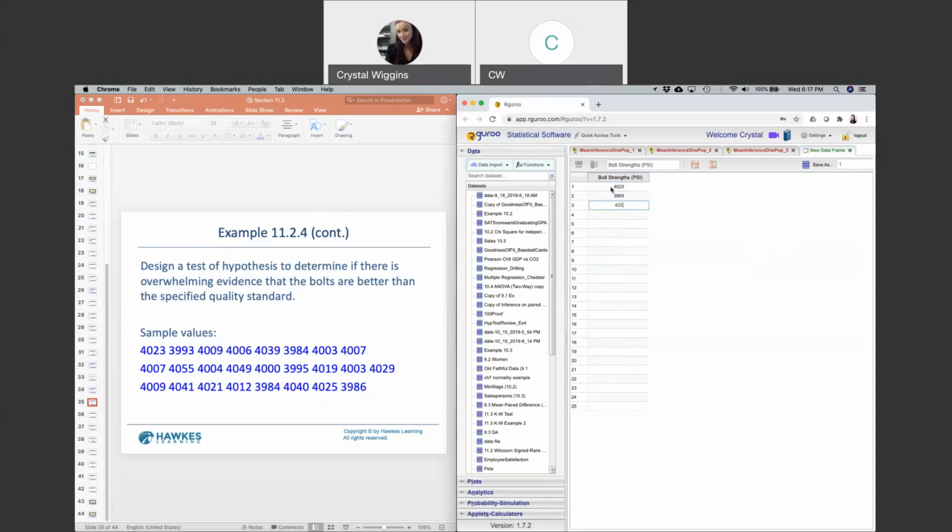3,993. And so on, I'm reading left to right from the PowerPoint and typing these in. I like doing this when class is live because then my students can tell me whether I made a mistake in my typing.